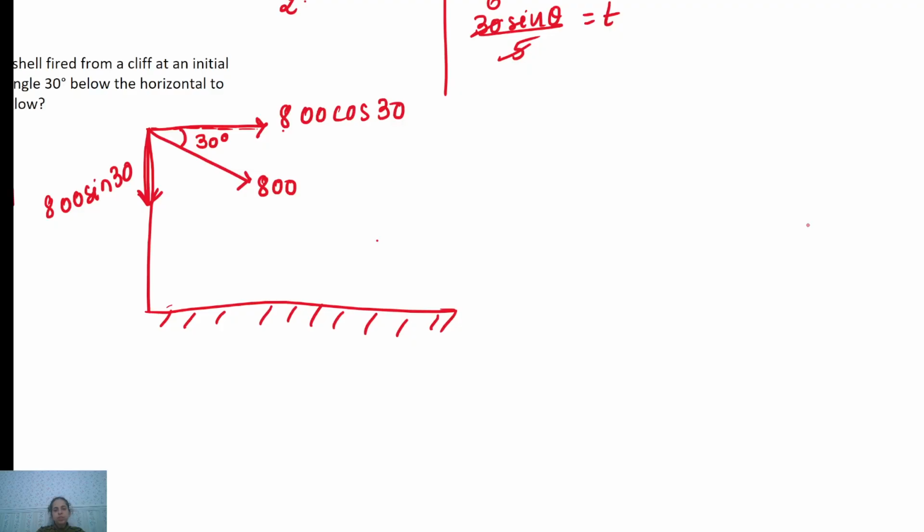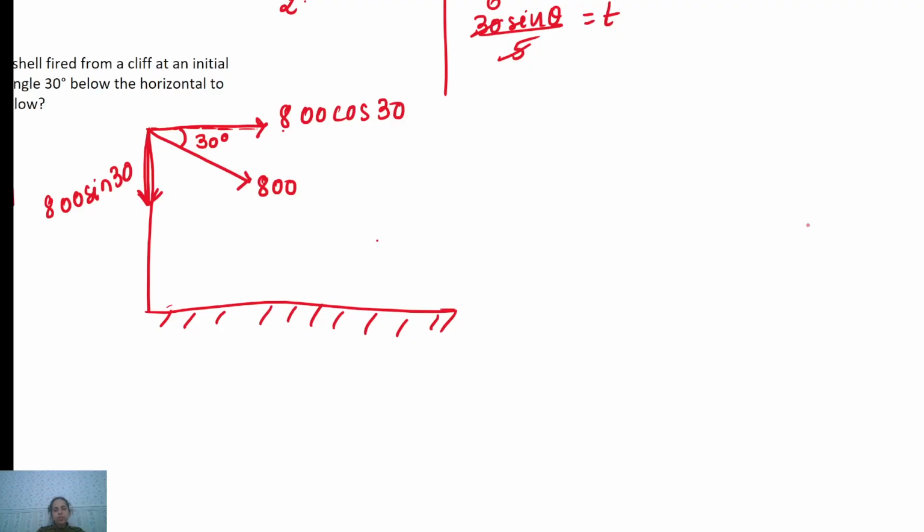This is going to give me 15 equals 40t plus half t squared. I'm going to multiply the entire equation by 2, so that I don't get this half. So this is 30 equals 80t plus t squared. So you know where we are headed, isn't it? It's a quadratic equation: t squared plus 80t minus 30 equals 0.